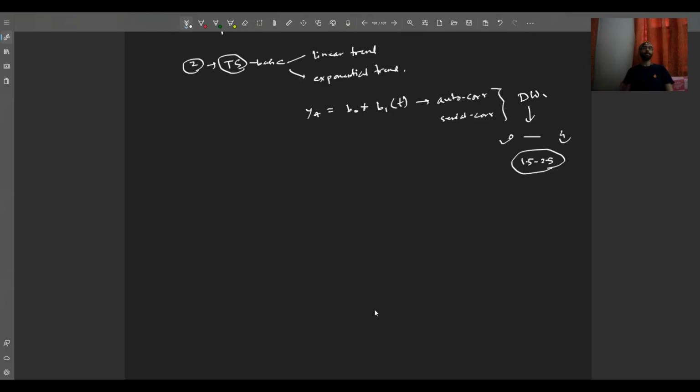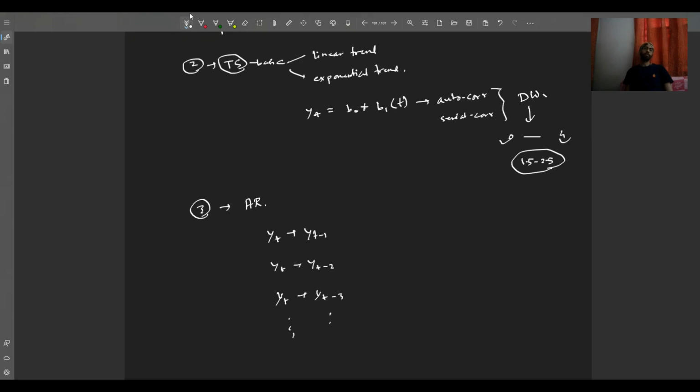Other models means we go to step 3, where we try out more complicated models like the AR model. So how do we do that? We start regressing yt with respect to yt minus 1, yt with respect to yt minus 2, yt with respect to yt minus 3, and so on.